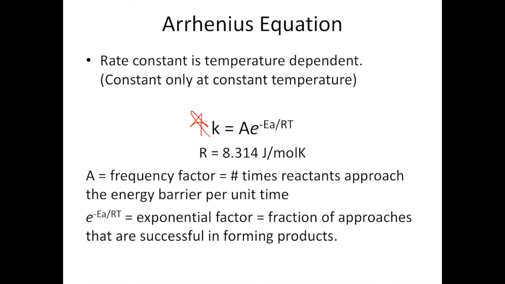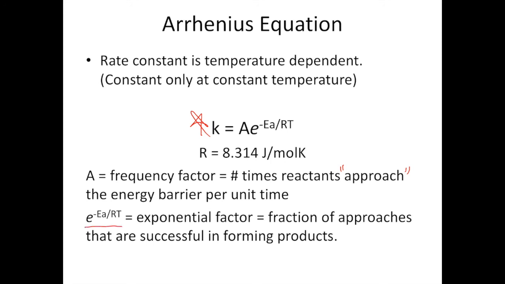Here's how quick they can get to one another in whatever solvent you're in. And as they, quote, approach the activation energy barrier, that's just saying they bump into each other with an appropriate amount of energy and they could potentially make products. Do they do that 100% of the time? No, but here's just the number of times that happens.